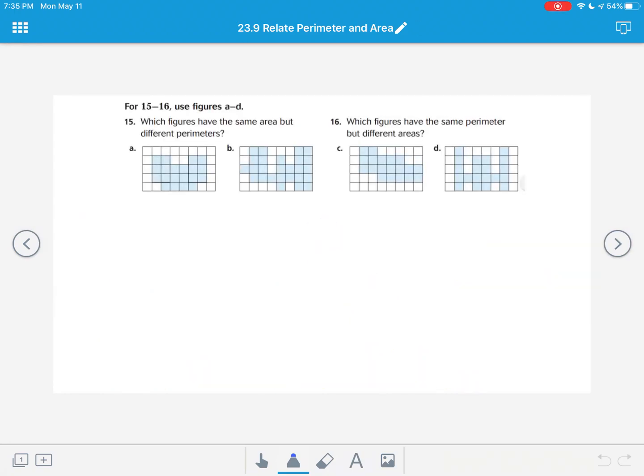Also, just playing around and guessing and checking is a great idea as well. So I encourage you to try that also.